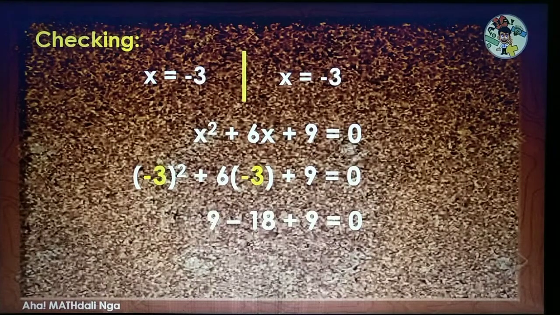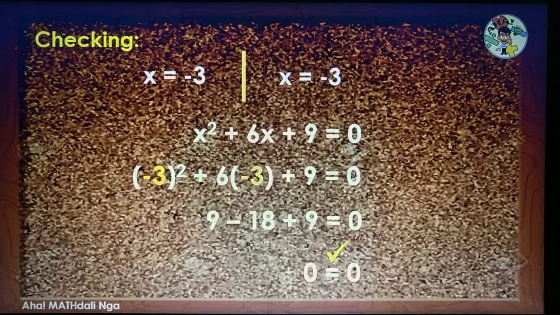We have negative 3 times negative 3 is equal to positive 9. Positive 6 times negative 3 is equal to negative 18. Plus 9 equals 0. We have 9 minus 18 plus 9 is equal to 0. And that is equal to 0.